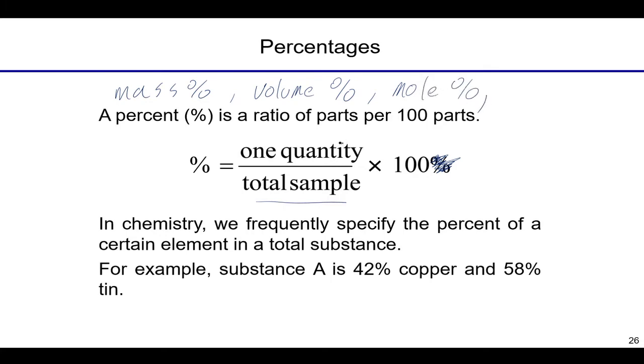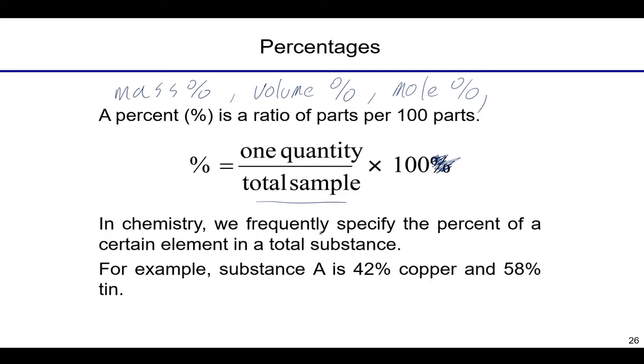In each of those cases, it's about specifying one element in particular usually, or one compound that is part of a more complex mixture of elements or compounds. So we usually specify the percent of a certain element in a total substance. You might say this substance we're trying to identify, we do some fancy experiments, and we figure out it's 42% copper and 58% tin. And maybe that is some alloyed material, for example.